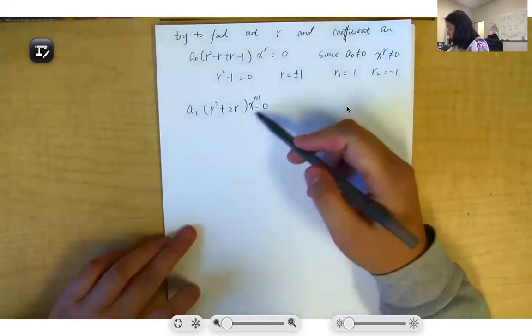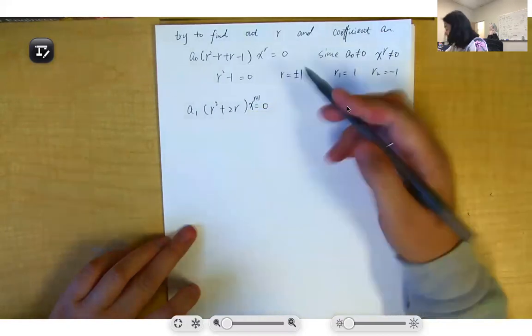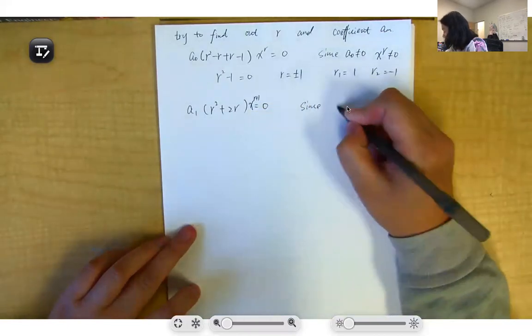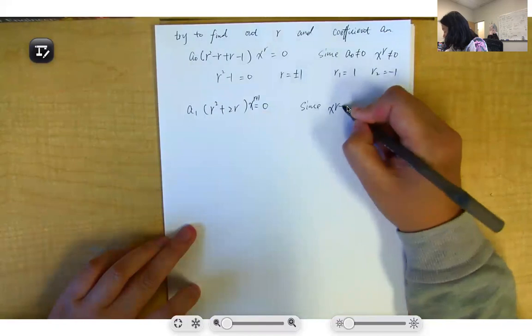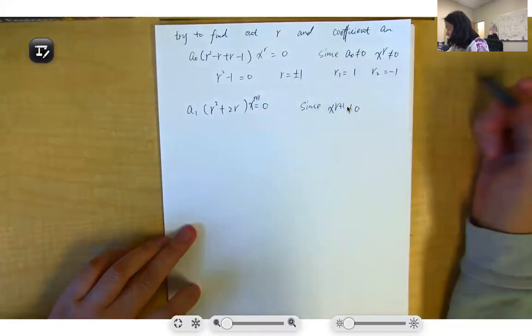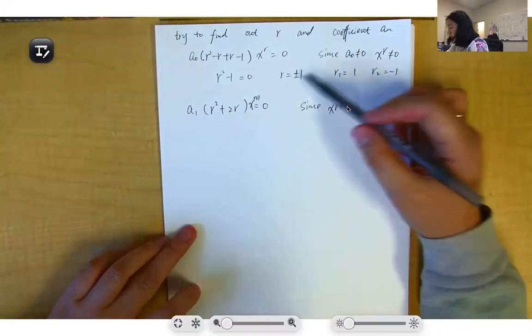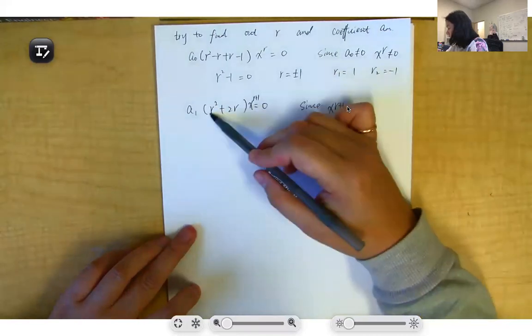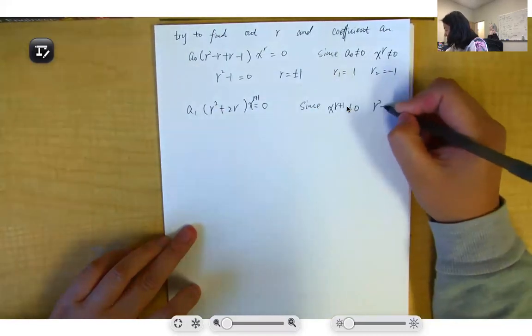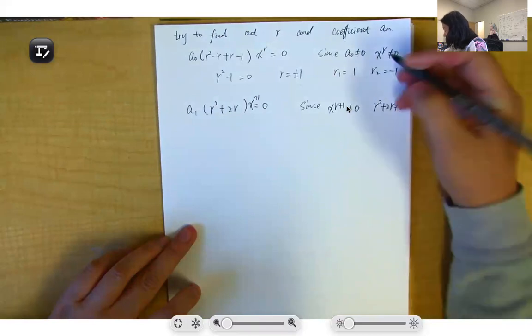And since x to the r plus 1 is not 0, and when r equals plus or minus 1, this term r squared plus 2r is not 0.